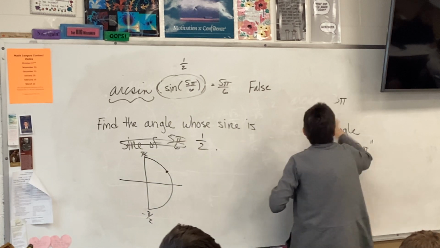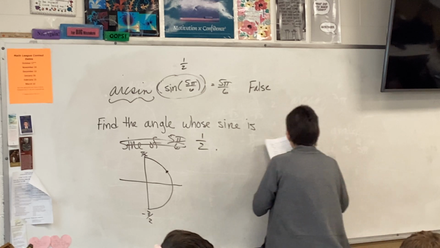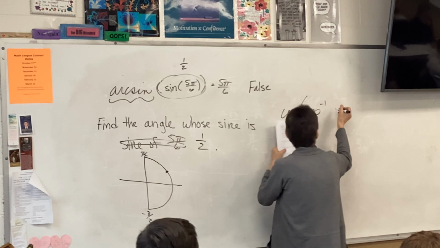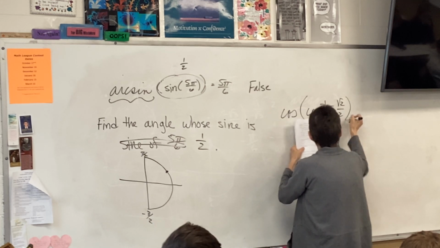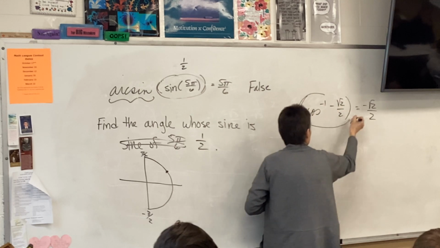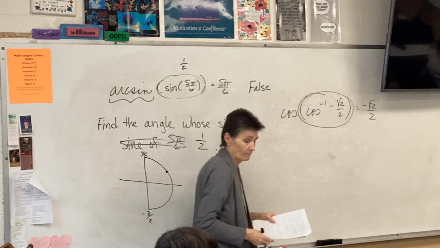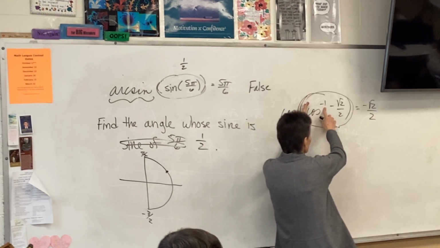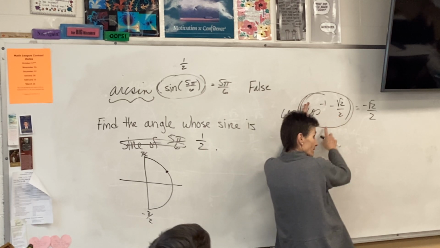The cosine of the angle whose cosine is negative root 2 over 2 is negative root 2 over 2. All right, let's figure this out. The angle whose cosine is negative root 2 over 2.